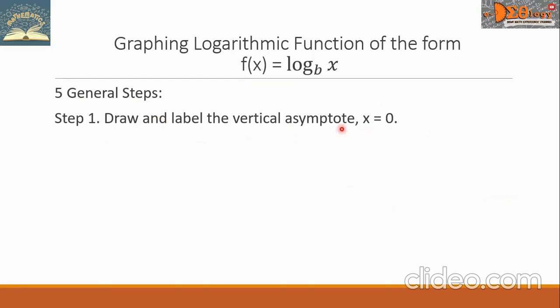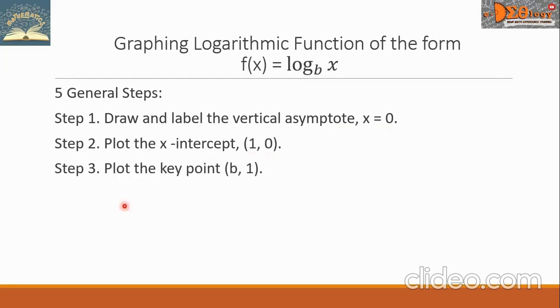The vertical asymptote is the y-axis itself. Step 2. Plot the x-intercept, and that is the point (1, 0). Step 3. Plot the key point, and that is the point (b, 1). Note that this b here is the base of the logarithm.